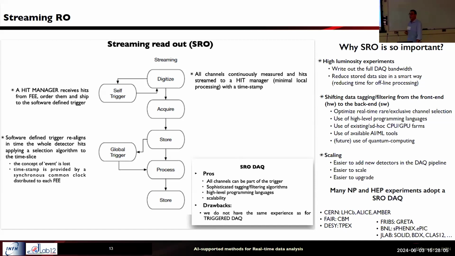And on top of that, you can use high-level languages to program your trigger definition. It's not necessary to go low level, like programming an FPGA in Verilog, or the languages that are typically mastered better by engineers than by physicists. So this gives us some more freedom in playing with the conditions that we want to apply.